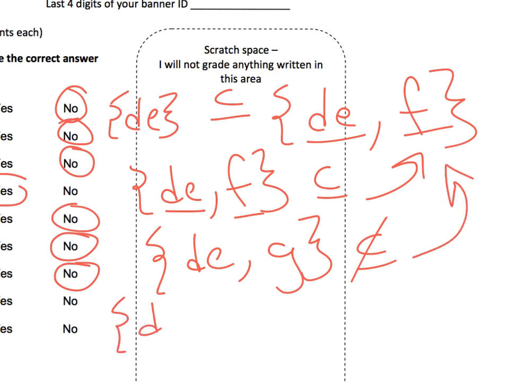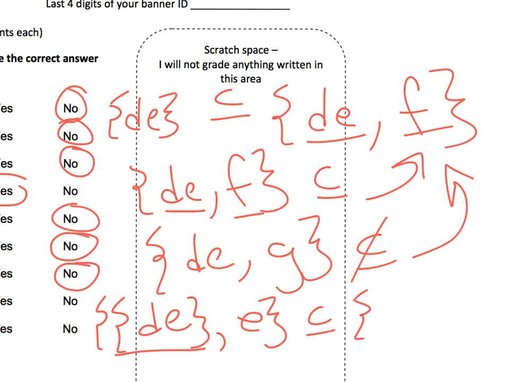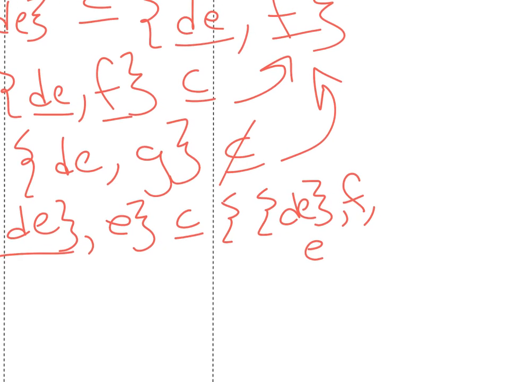And let's say the set containing DE and E is a subset of the set containing DE along with F along with E, and I don't know, AB comma C, right? Can I move up a little bit more? Yeah, there we go.